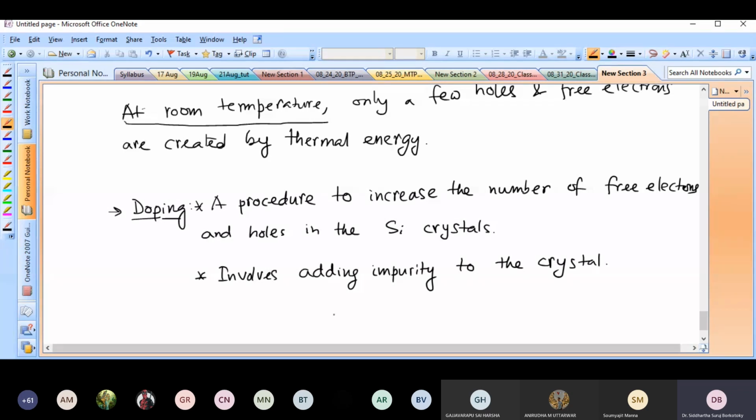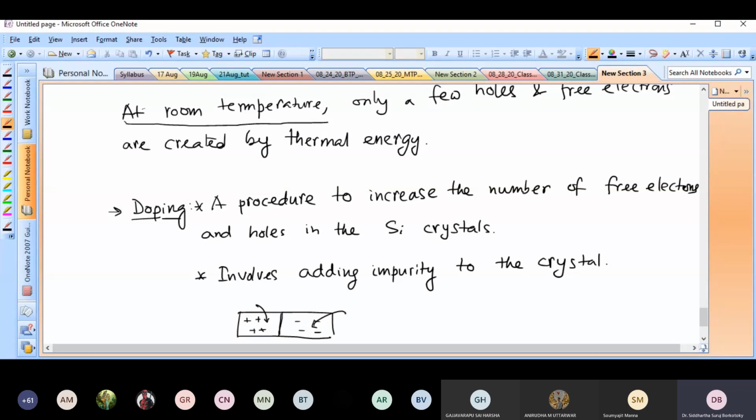Basically, we want a single piece of silicon material. On one side you have an excess of holes, on the other side an excess of free electrons. This can be done by doping this part, and then doping this side, in order to get the desired concentration of holes and free electrons.